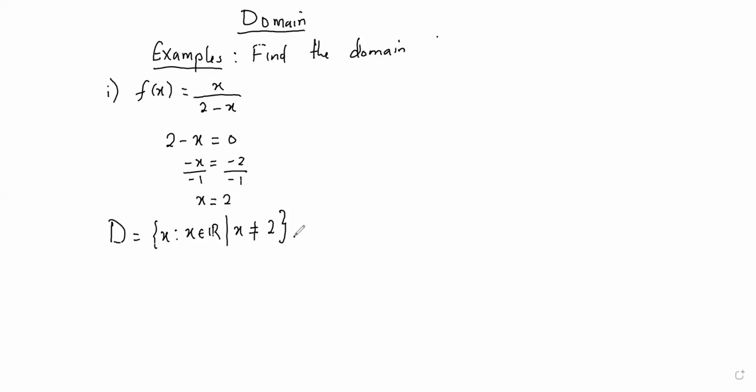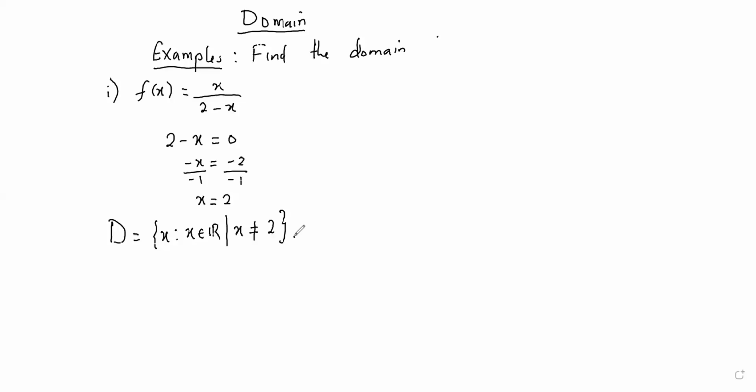Like that. So this means that you can use any other value of x that is a real number, and you will get a number. The one that you cannot use is a 2, because a 2 will give us 1 over 0, which is undefined, which is not a number. So whenever it's a fraction, be careful with the denominator.